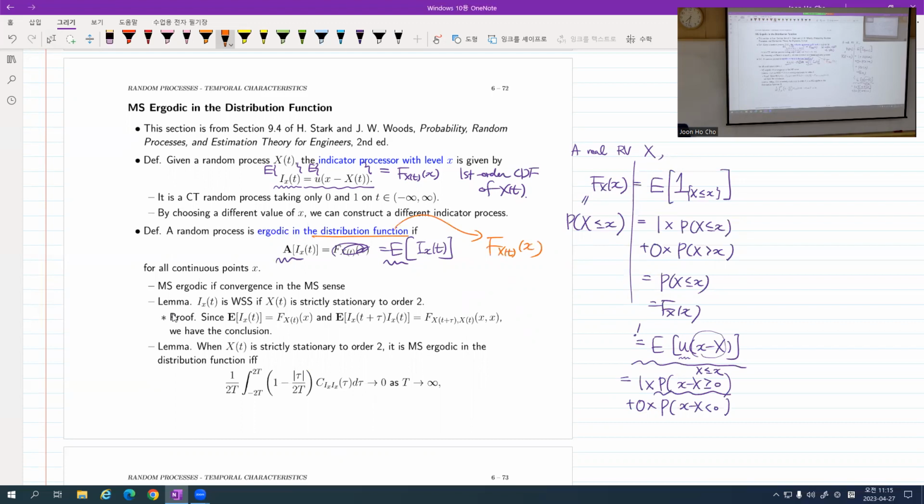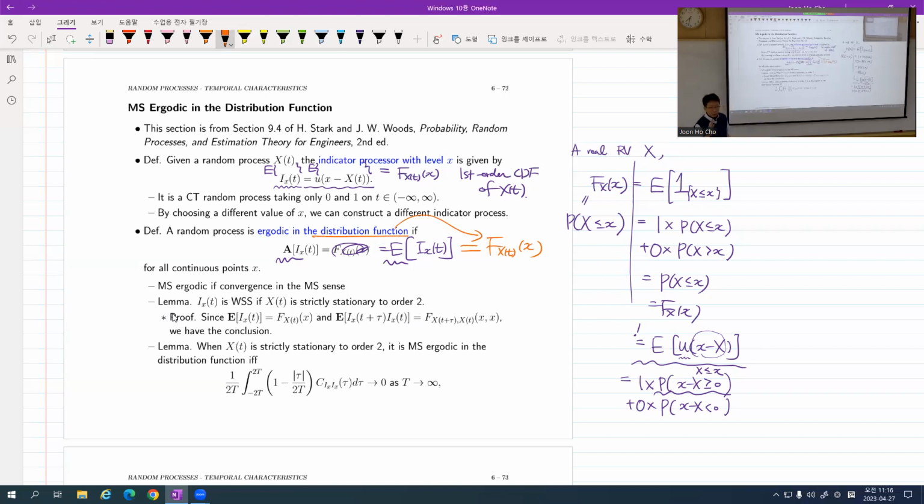So the distribution function is this one. And as you see here, if we properly introduce an indicator function, the statistical average of this indicator function is nothing but the first order CDF. So our statistical average of this indicator function is the time average of the same indicator function. That means what? Distribution ergodic.